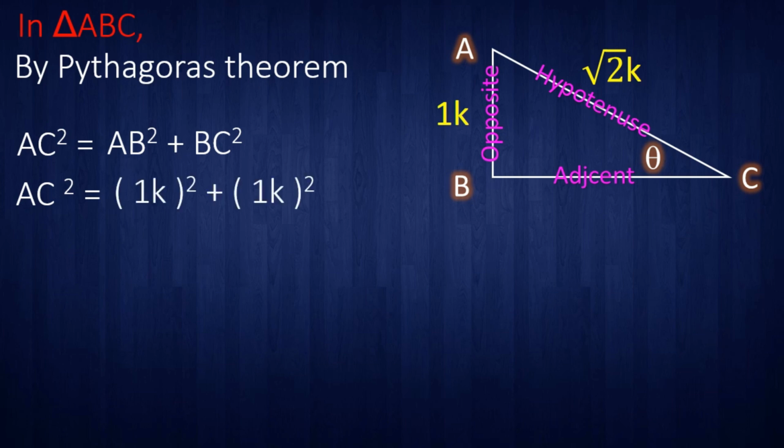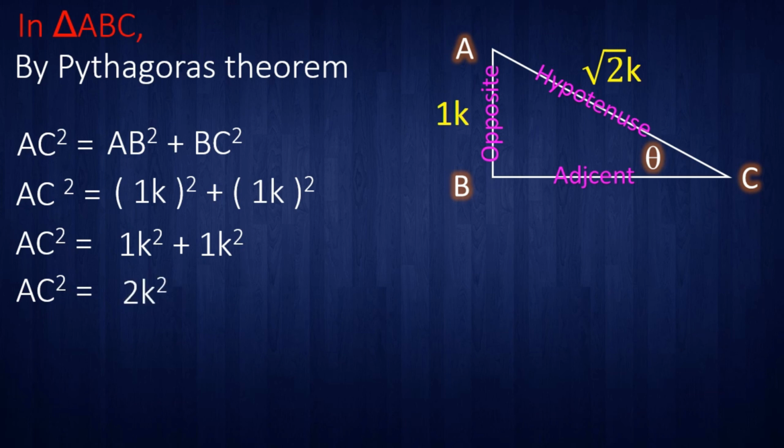AC square is equal to 1k square plus 1k square. So AC square is equal to 2k square. Now take square root. AC square root is AC. 2 square root is not there, so root 2 k. So AC we are showing in the figure root 2 k.